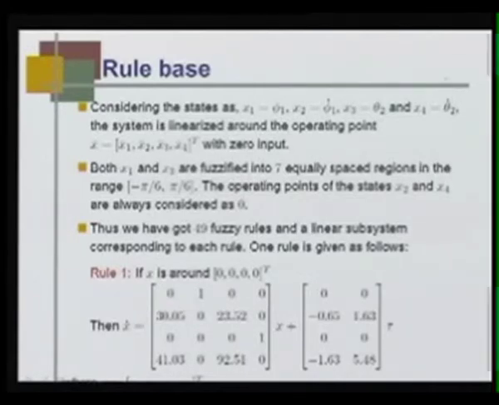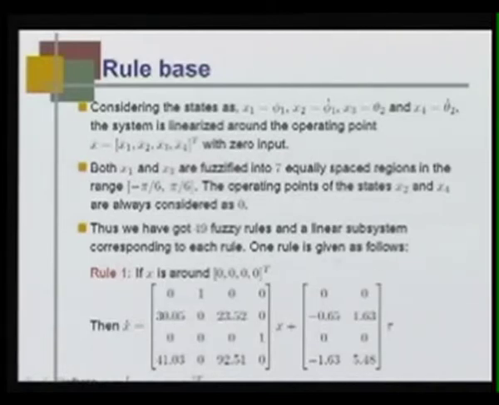We did not change that. The system is linearized around the operating point with 0 input. Both x1 and x3 are fuzzified into 7 equally spaced regions in the range minus pi by 6 to pi by 6. The operating points of the states x2 and x4 are always considered as 0. Thus, we have 49 fuzzy rules and a linear subsystem corresponding to each rule.